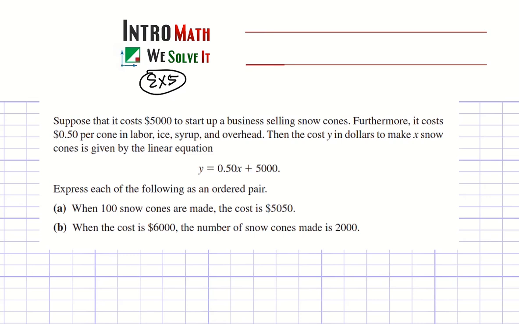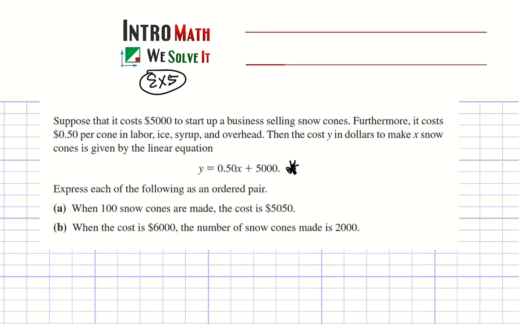Furthermore, it costs 50 cents per cone in labor, ice, syrup, and overhead to make 1 cone. Okay, so the cost of producing 1 cone ready to go is 50 cents. Then it says the cost y in dollars to make x snow cones is given by the linear equation. You see right here, this equation here. All right.